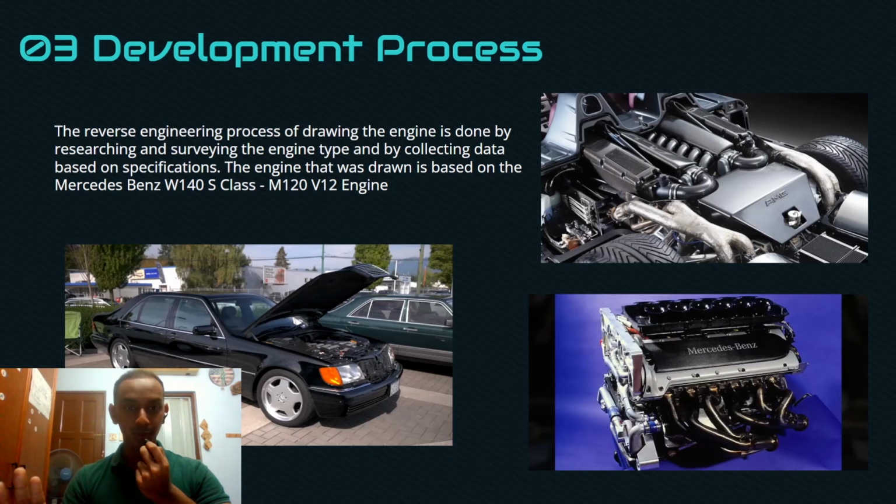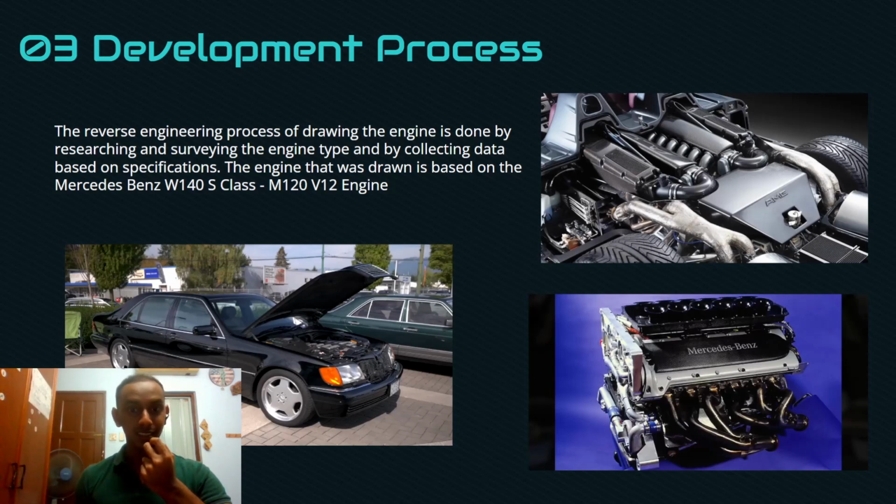In the development process, translating our drawing into CATIA, we had to do reverse engineering, by researching and surveying the engine type and collecting data based on the specifications. This is mainly about the engine measurements, engine type, engine sizes, the materials used, how we can simplify the drawing, and how we can also improve some of the design and make it simpler at the same time.